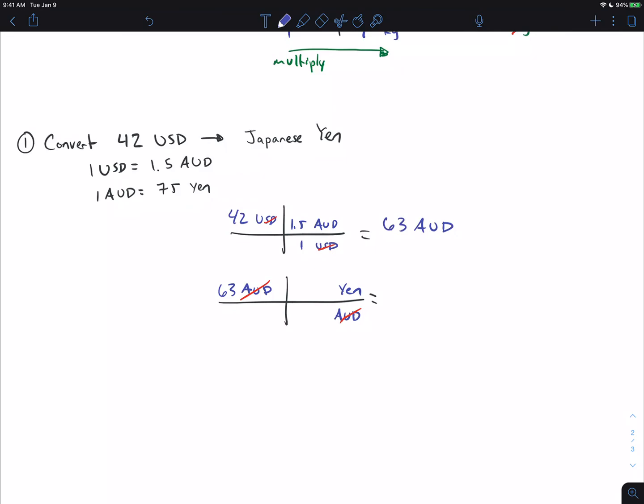And I'm going to put in my conversion key that I had right here. 1 Australian dollar is 75 yen. And here I'll just do my 63 times 75.